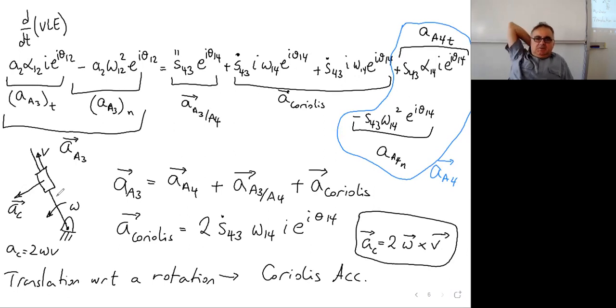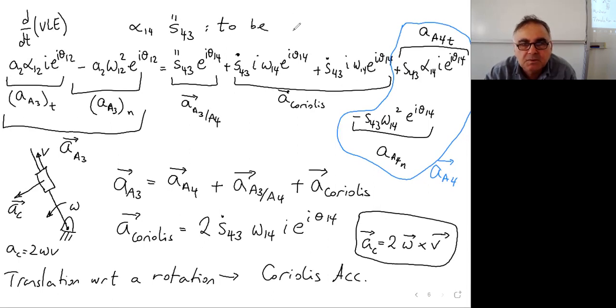Again, if you look at this equation, what are the unknowns? Alpha 1,4 and S43 double dot are to be solved for.